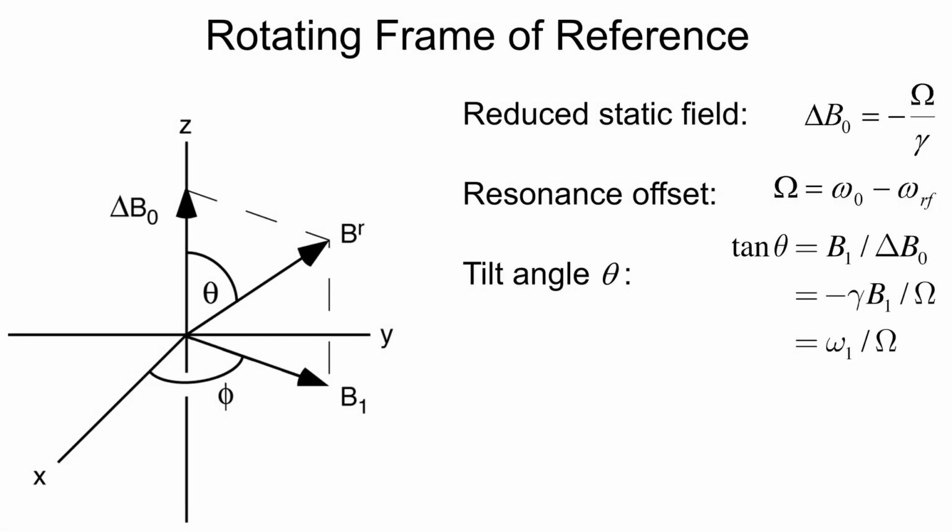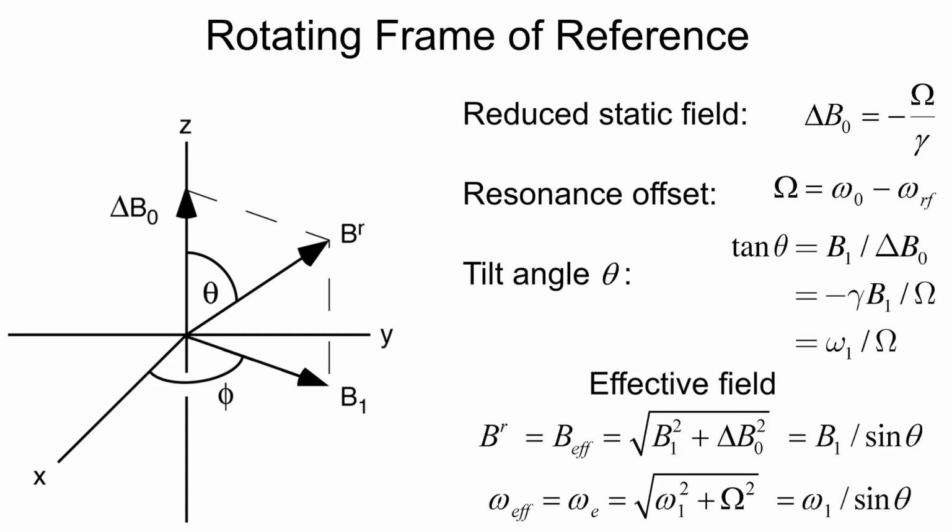The tilt angle is given by geometry as the tangent of the tilt angle, either B1 over delta B0, or we can think in frequency units, omega 1 over the offset, and that will usually be what we use.